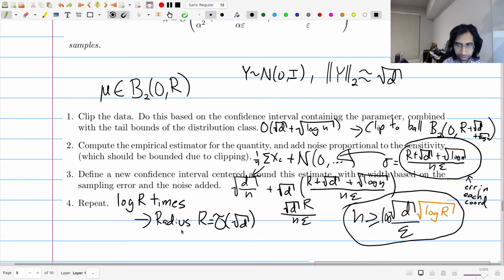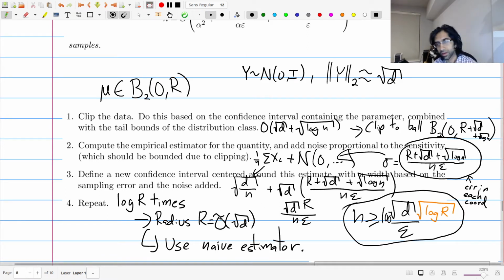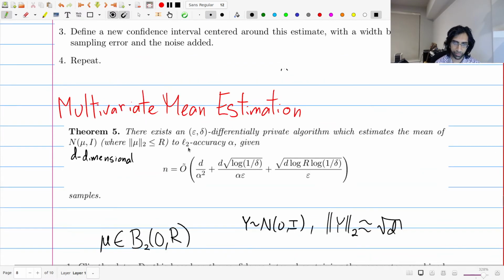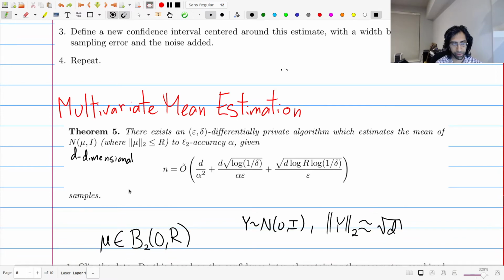This will get you down to the appropriate accuracy. At this point, you can use a naive estimator. Okay, so that's just a rough sketch. It's not fully detailed, but that type of approach will get you this sort of guarantee in terms of multivariate Gaussian mean estimation.